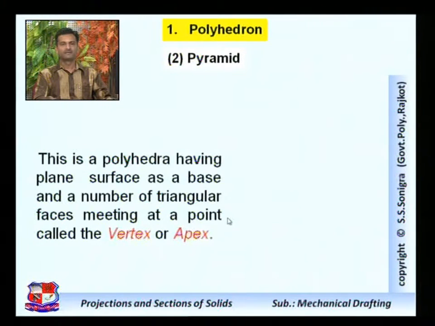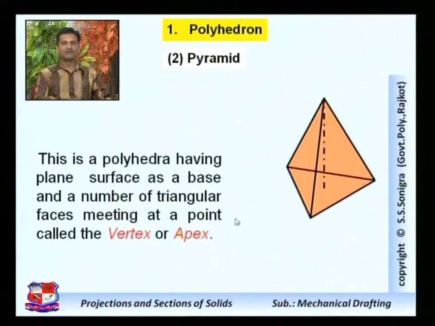Now pyramid. Second in polyhedron is the pyramid. This is a polyhedron having a plane surface as a base and a number of triangular faces meeting at a point called the vertex or apex point. That is called a pyramid. So it is a polyhedron having one triangle or one regular polygon as base, and each end of this regular polygon is joined to a point which is called the vertex or apex point, and hence triangles will be formed.